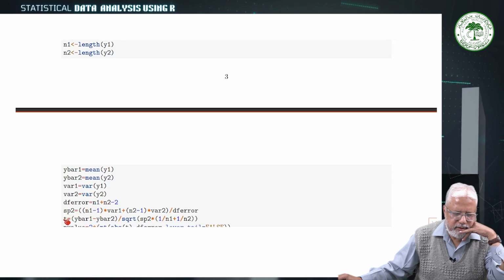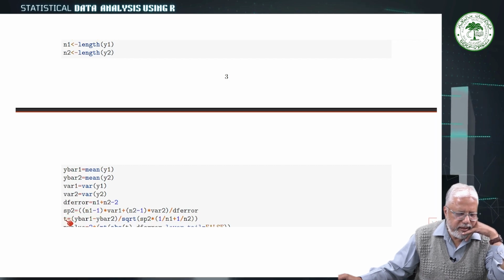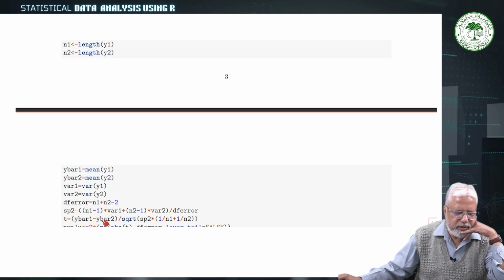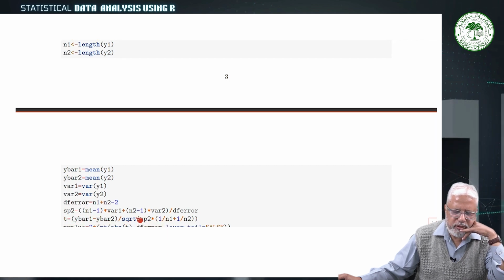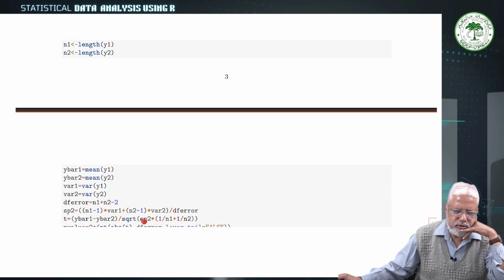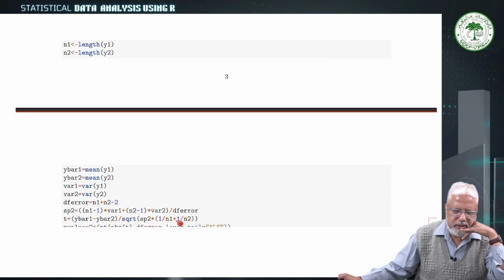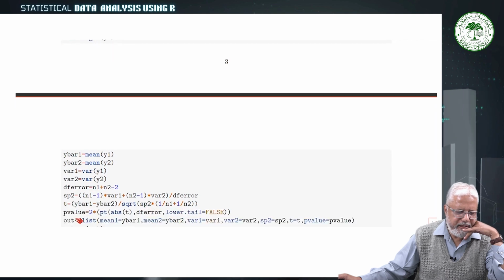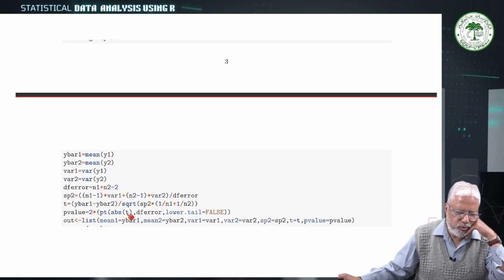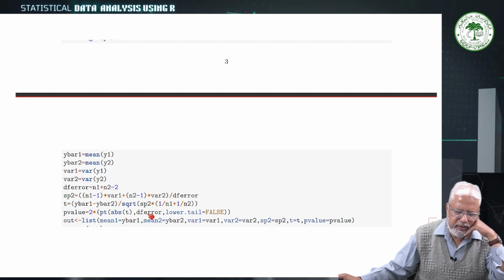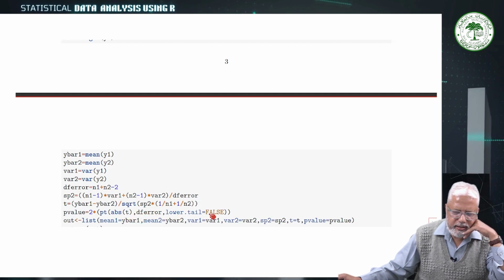And then the t statistic is nothing but y bar 1 minus y bar 2 divided by the square root of sp square into 1 by n1 plus 1 by n2, and the p value is twice of pt, absolute value of t, degree of freedom of error, and lower.tail is equal to FALSE.